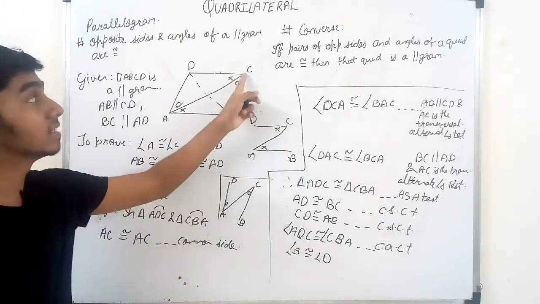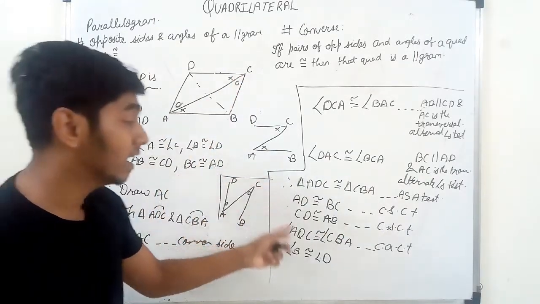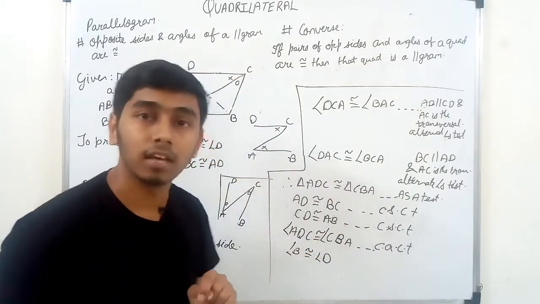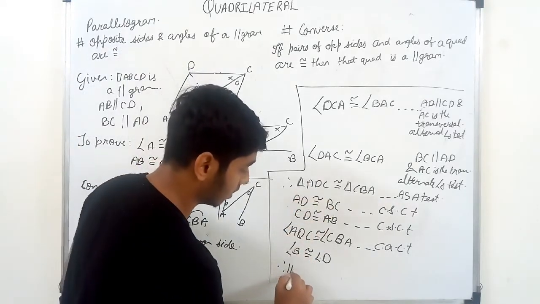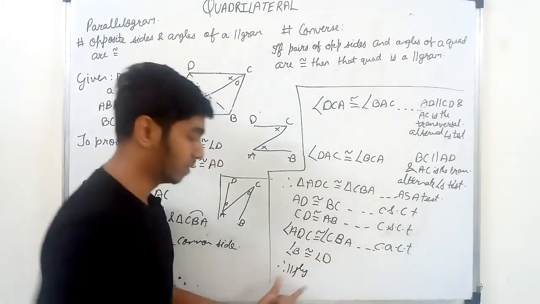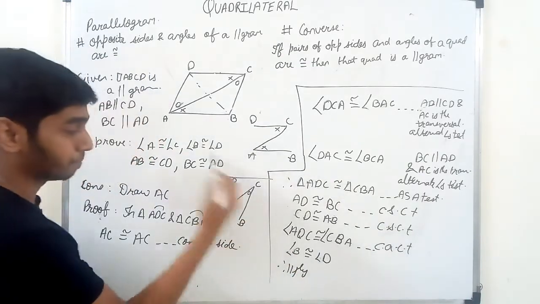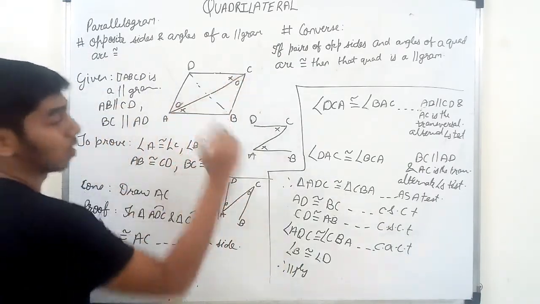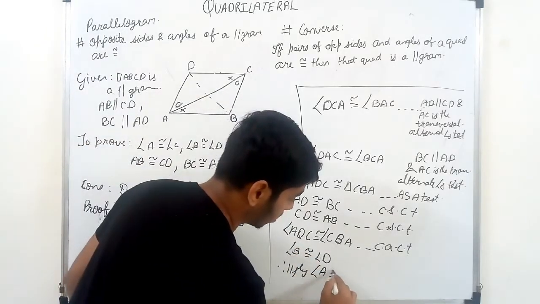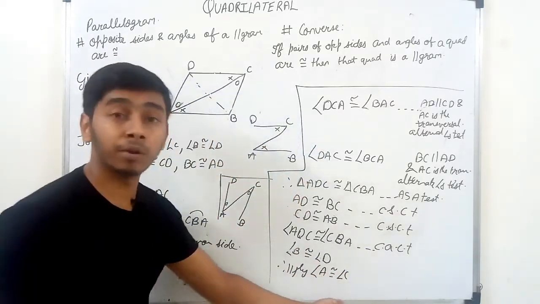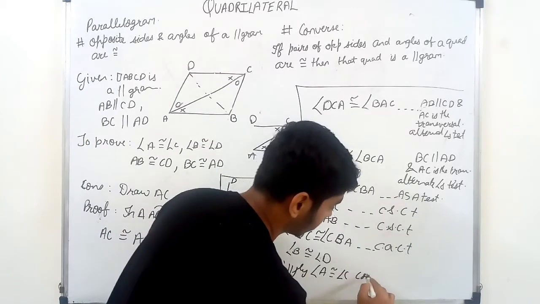Then we can say that C and A are also congruent by CPCT. So similarly, angle A is congruent to angle C can be proved.